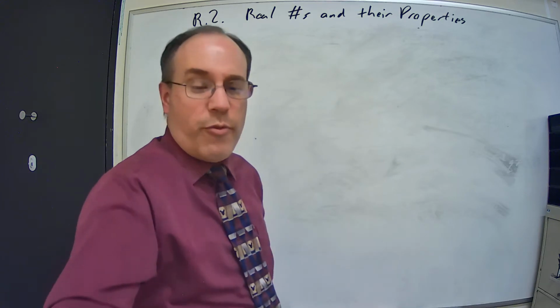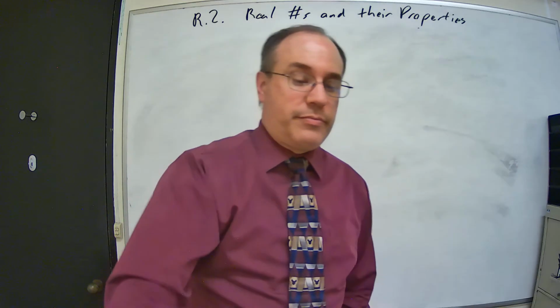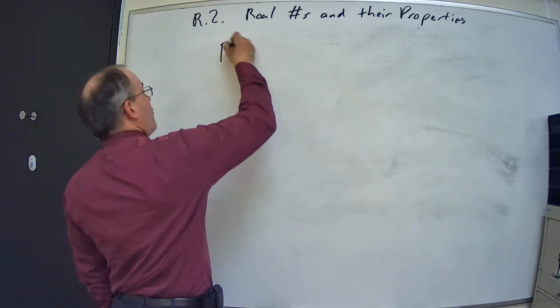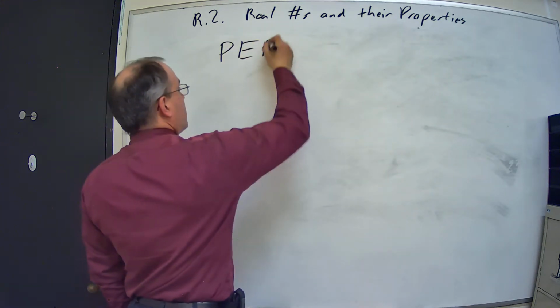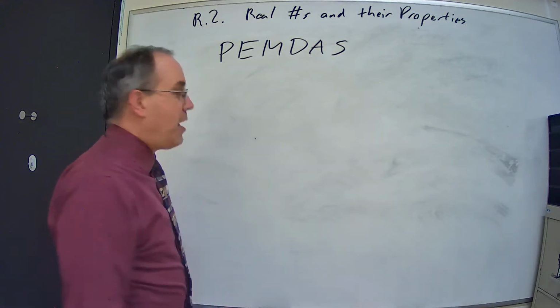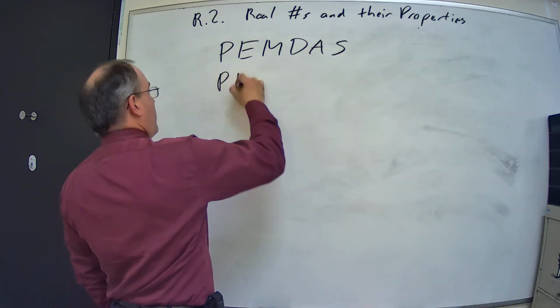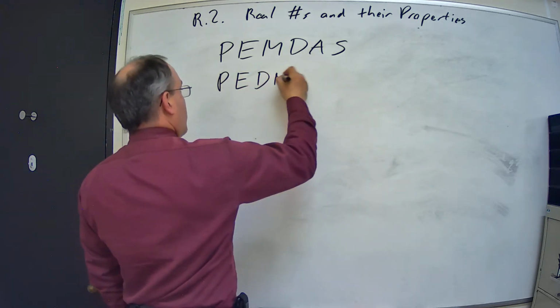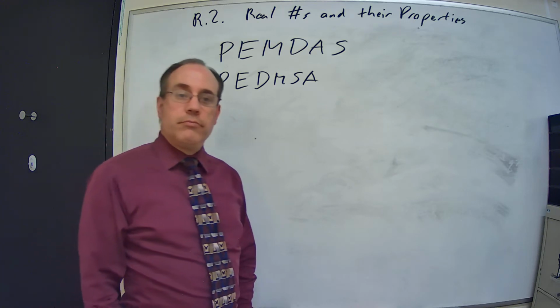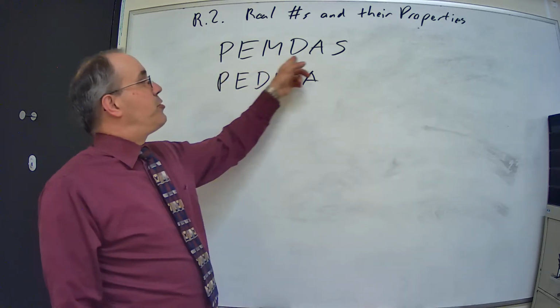Well, you should also be familiar with order of operations. Now, many of you are familiar with PEMDAS, right? I sometimes like to say PEMSA. Now you're familiar with, please excuse my dear Aunt Sally.